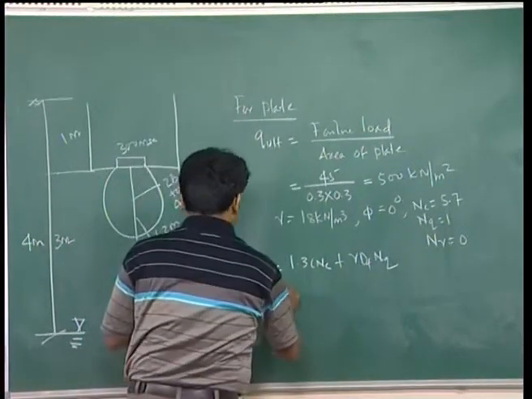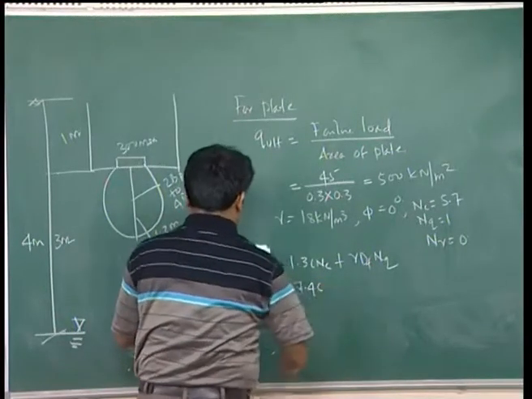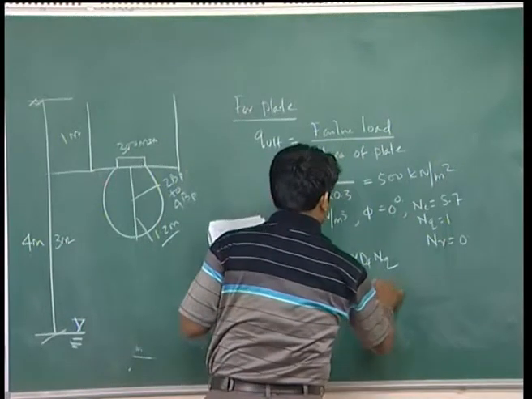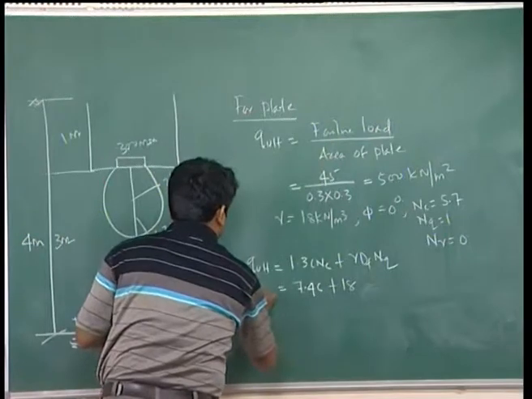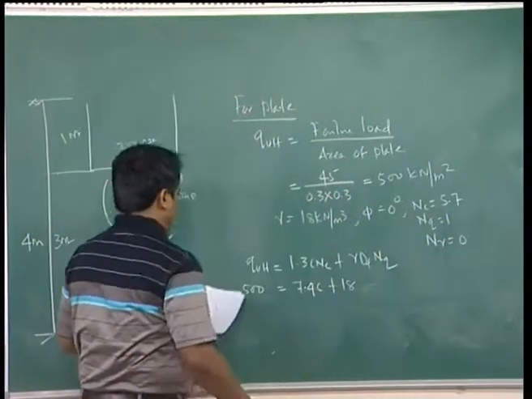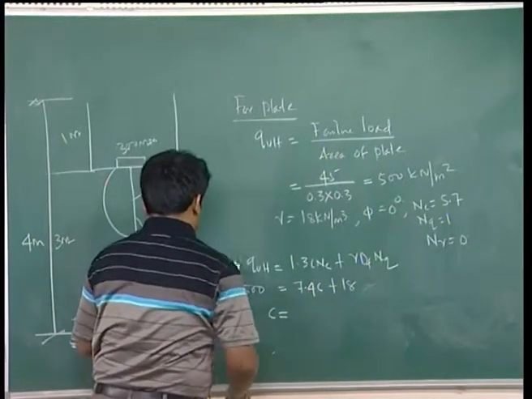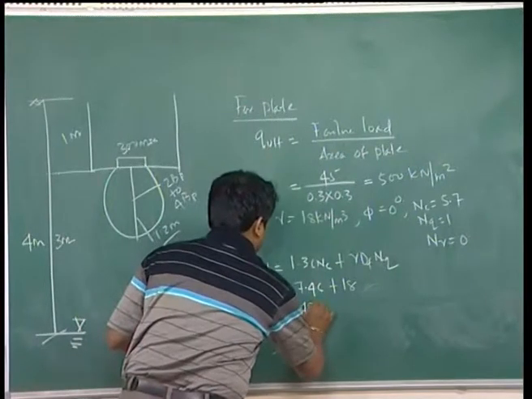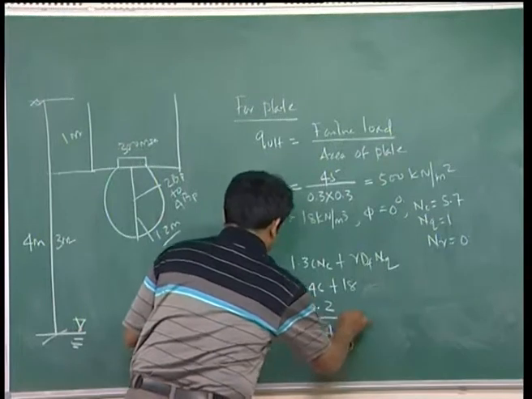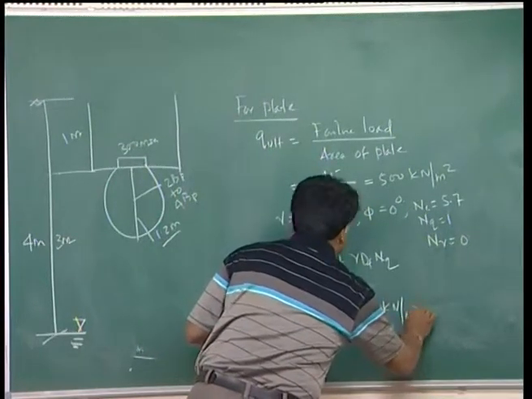From there you will find 7.4 c plus 18, which is equal to 500. Q ultimate you got is 500 kilonewton per meter square. From there I can find c is equal to 482 by 7.4, which is equal to 65 kilonewton per meter square.